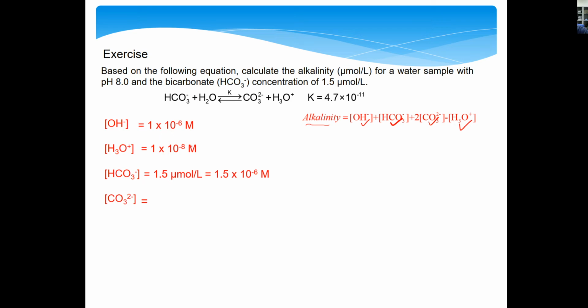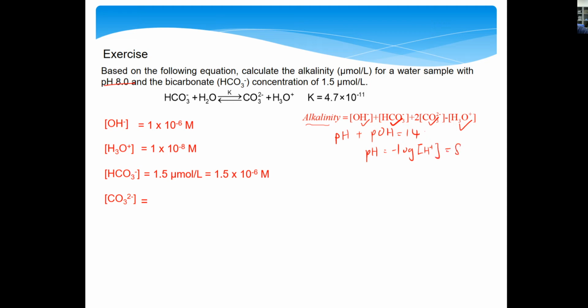The water sample has a pH of 8. Based on this, you can calculate the concentration of hydrogen ion. I hope that you still remember pH plus pOH is equal to 14, and pH is equal to negative log hydrogen ion concentration.